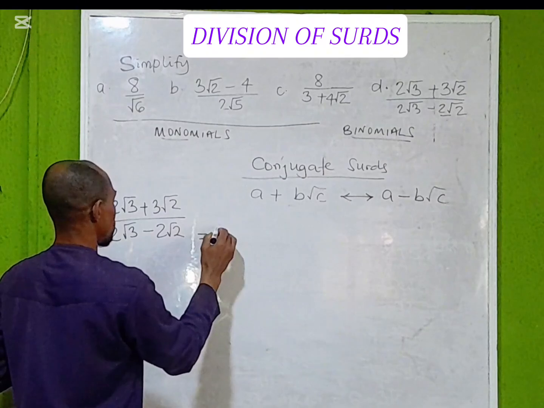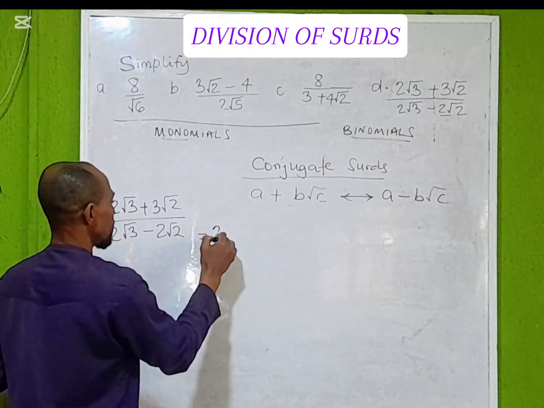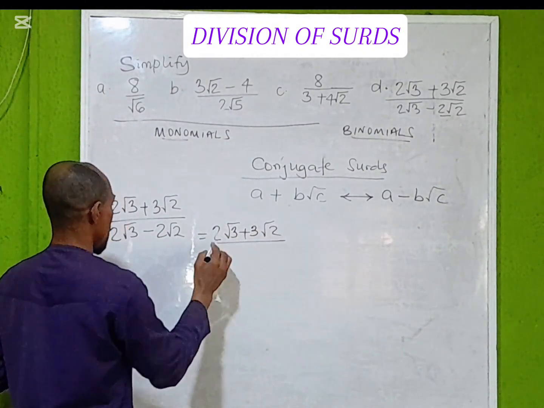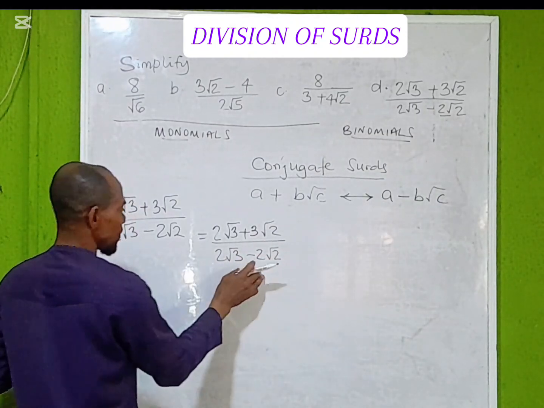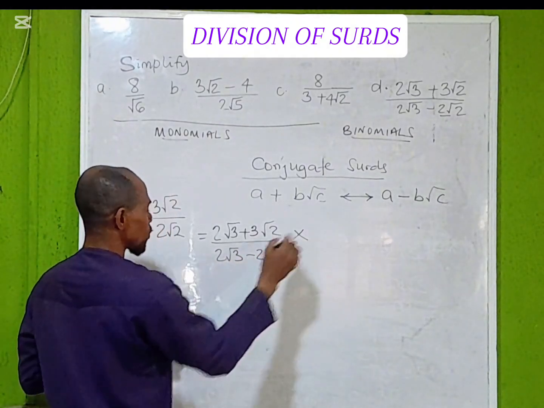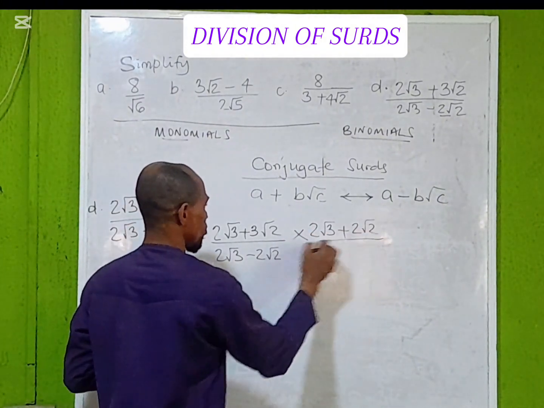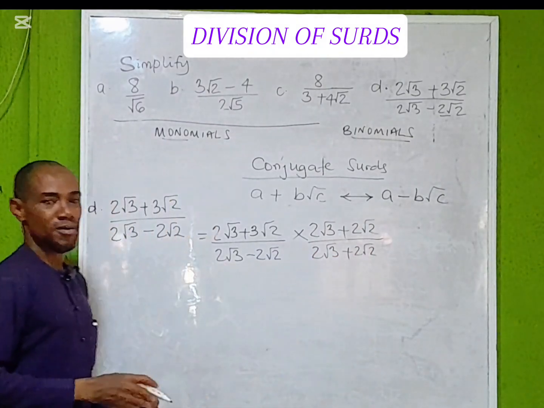Again, our denominator will determine our conjugate. That's the denominator. So the conjugate will be simply 2 root 3 plus 2 root 2.